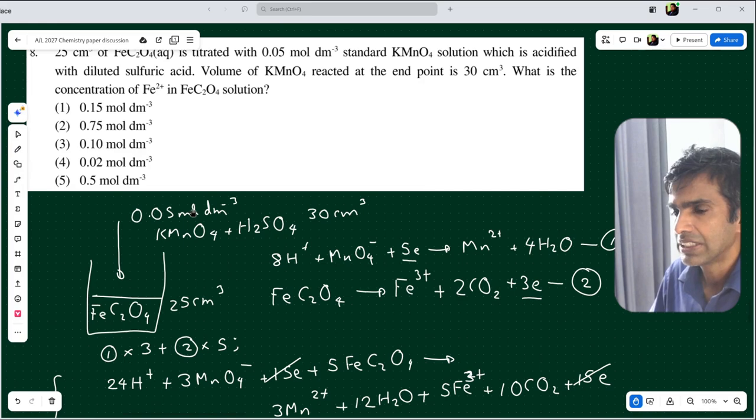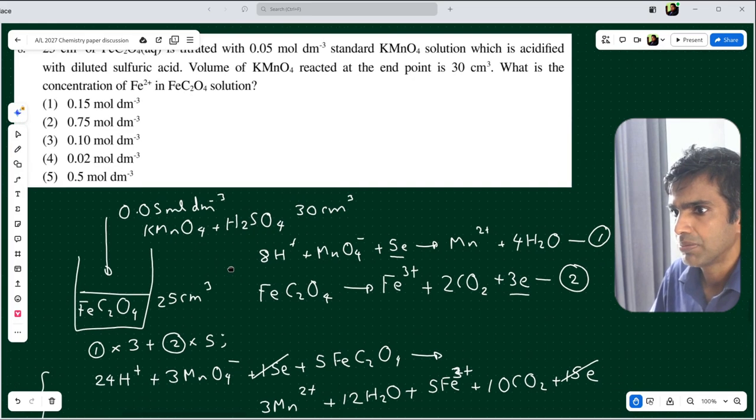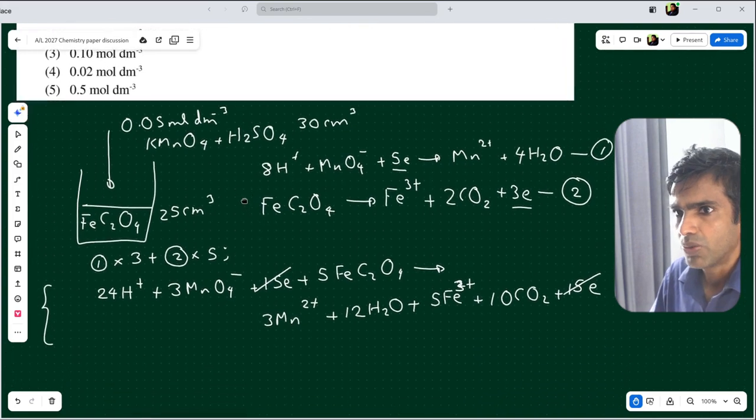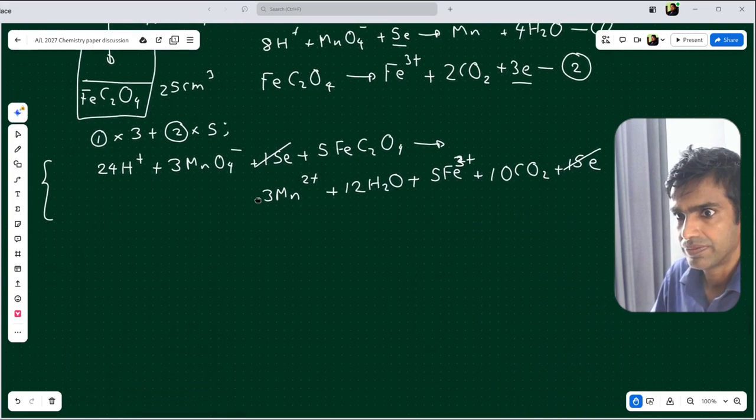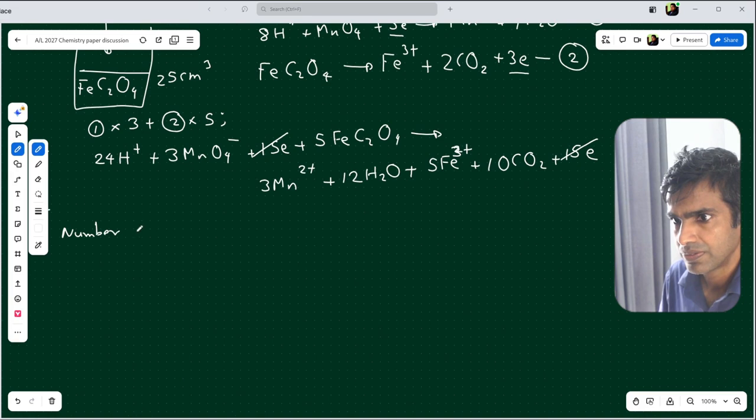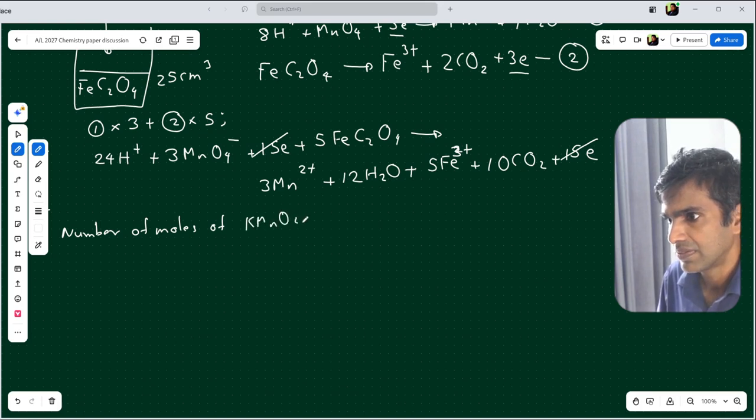We know the concentration of the potassium permanganate solution and the volume of the reacted potassium permanganate solution. So we can calculate number of moles of potassium permanganate reacted.